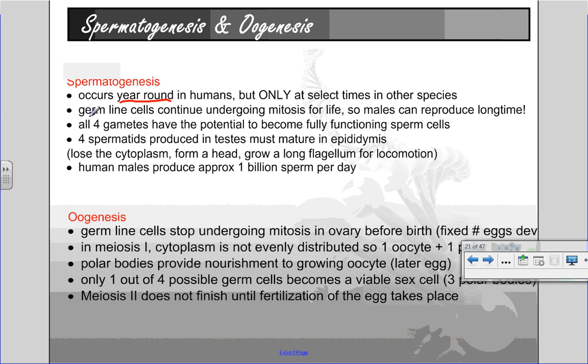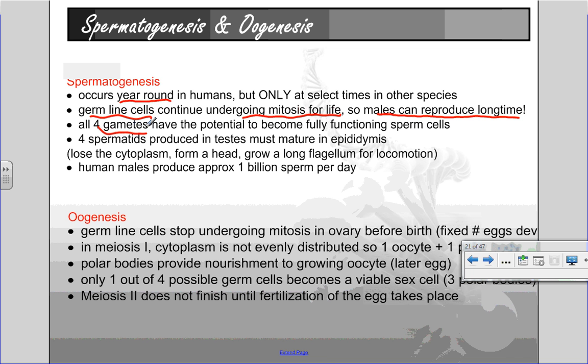The germline cells, the ones that are getting ready to undergo meiosis, undergo mitosis for life. So they will keep on dividing and making more of them so that they can undergo meiosis and produce sperm cells for the man's lifetime. So they can produce sperm cells until they die, basically.